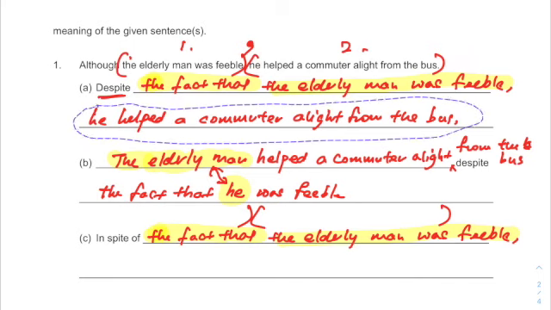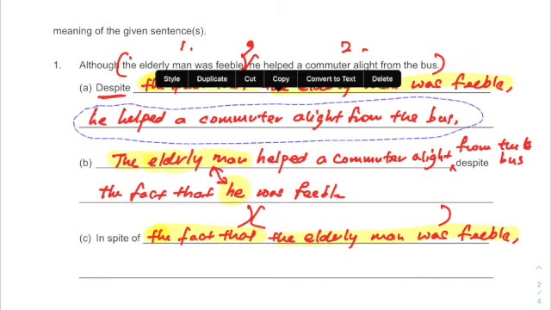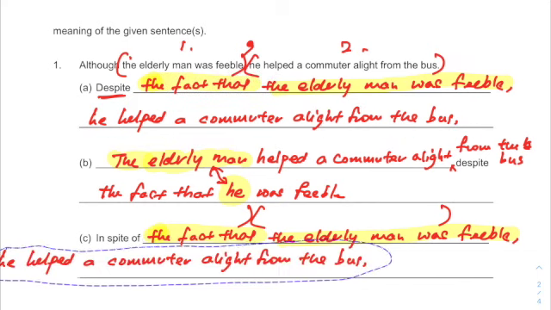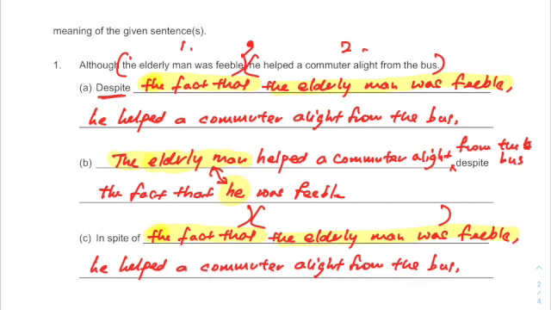Right, so you'll notice that in spite of and despite actually are exactly the same in their function. All right, so you might ask, so why do I have two forms? Well, there are certain situations where you would use in spite of and not despite, and vice versa, but those situations are few and far between. Most of the time, in spite of and despite occupy the same function in sentence construction, all right?